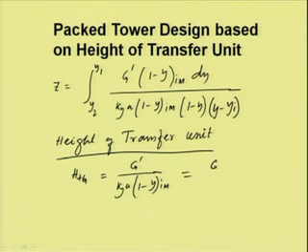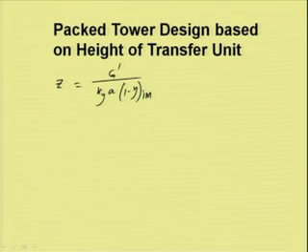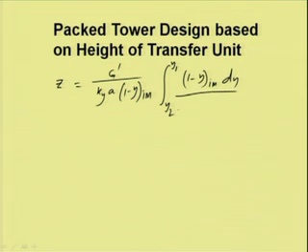This will be G dash divided by K y dash A. So, this equation of Z we can write Z is equal to G dash by K y A 1 minus y I m integral y2 to y1 1 minus y I m dy divided by 1 minus y into y minus y I.